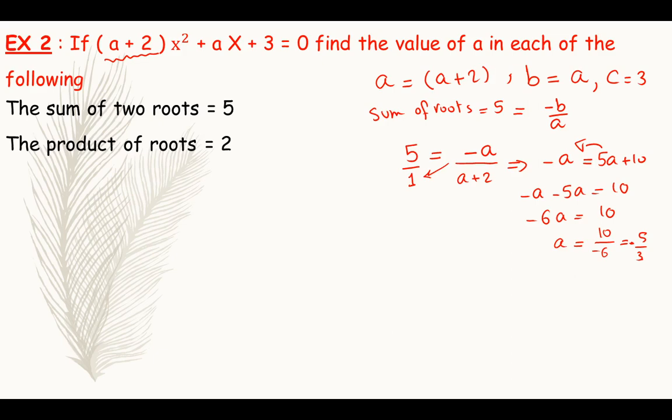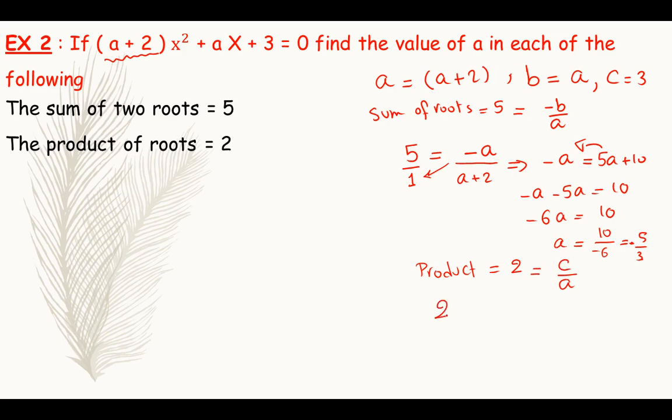But if the product of the two roots equals 2, here again we want to find the value of a. So we will write product equals 2. What is the product? It means c over a. So we will write 2 equals c over a.